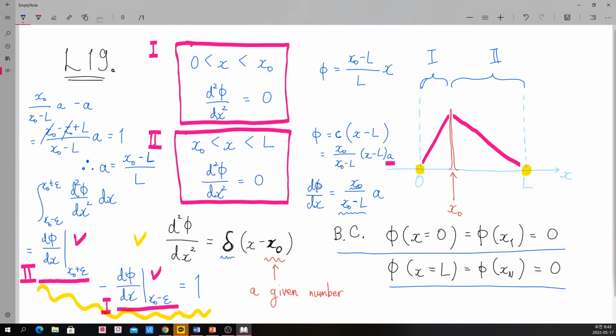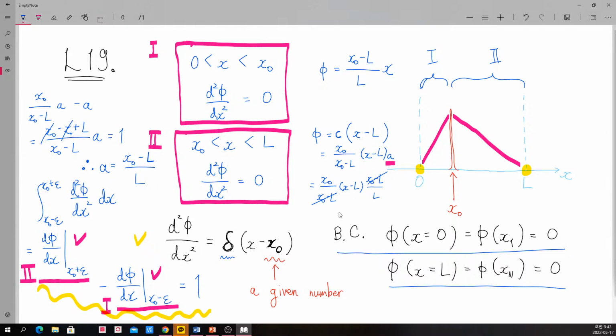And when we go to region 2, things become a little bit more complicated, but let's just evaluate it. So x naught minus L and x minus L, and eventually x naught minus L. Although it looks quite complicated, you can easily understand. They are cancelled out.